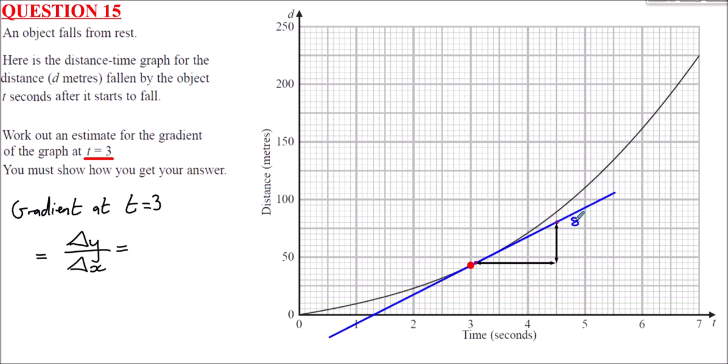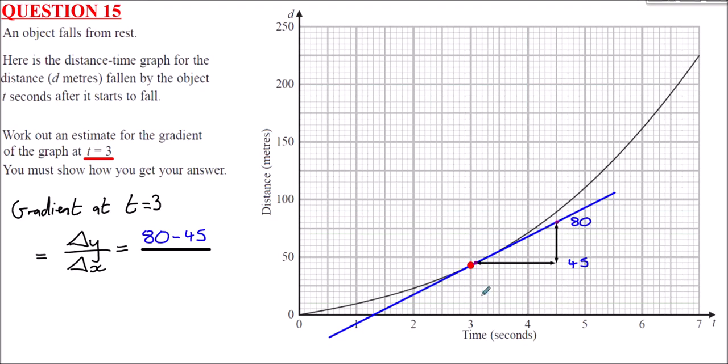So that's 80. And the lower point here, if that's 50, that one's slightly lower, must be 45. So the change in y is 80 minus 45 essentially. Now what we can do is work out the change in x in between these 2 points.